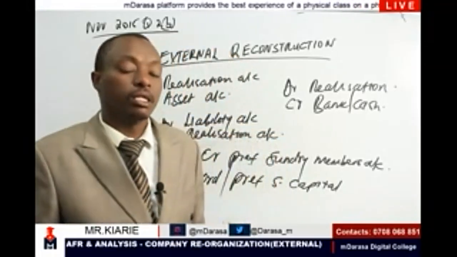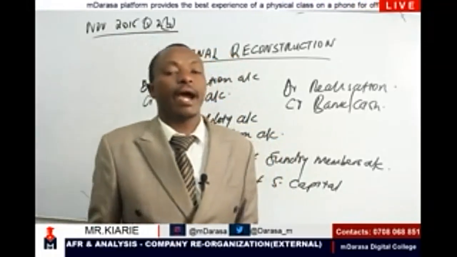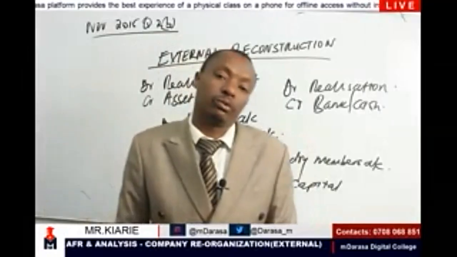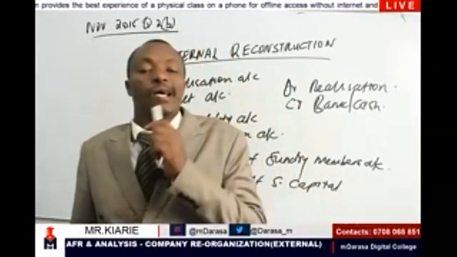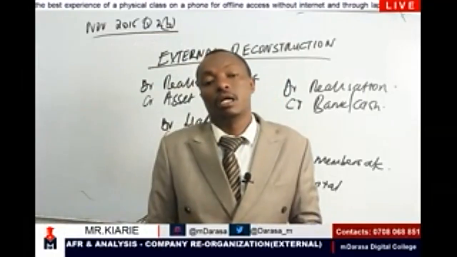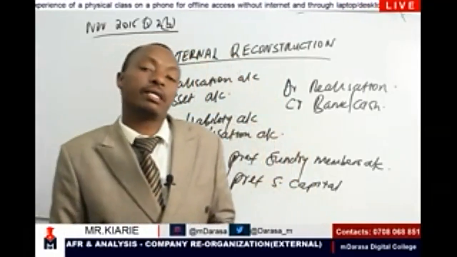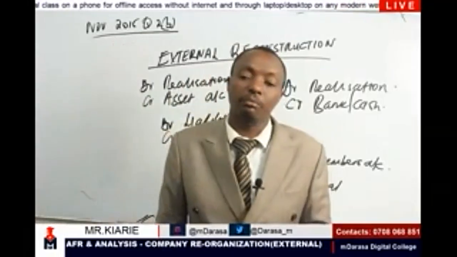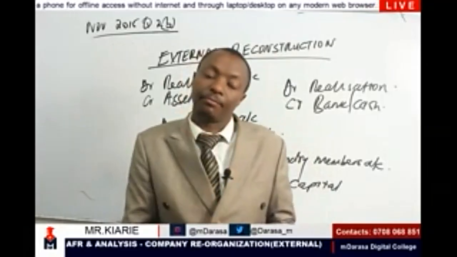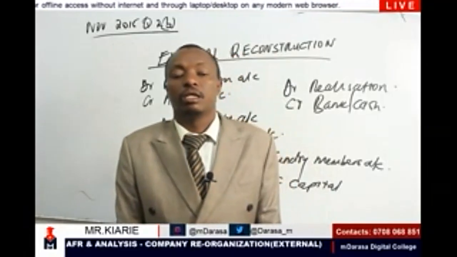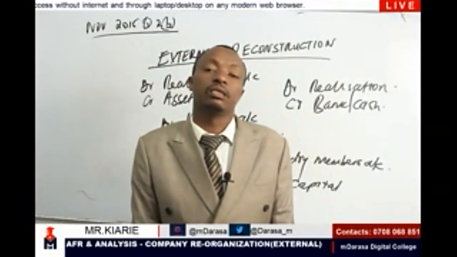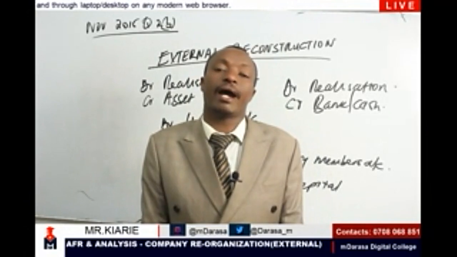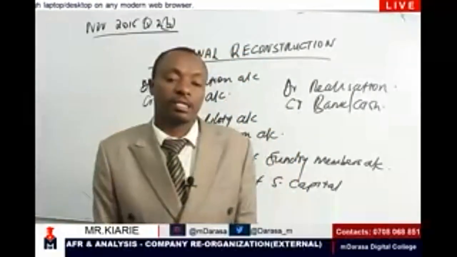Number next, with the assets written off, debit ordinary sundry members account, credit assets account.